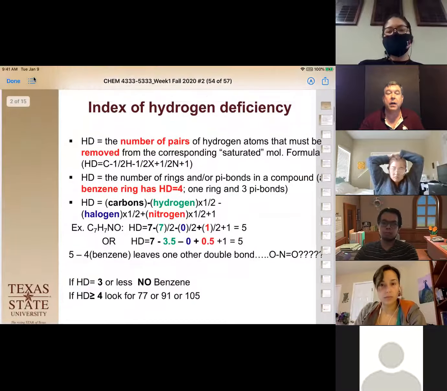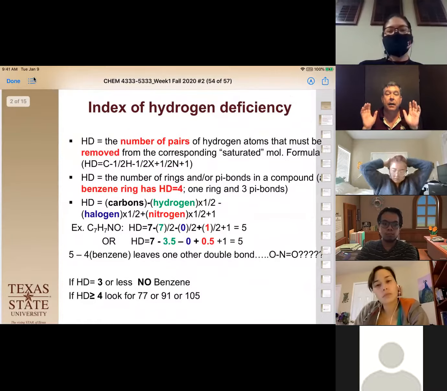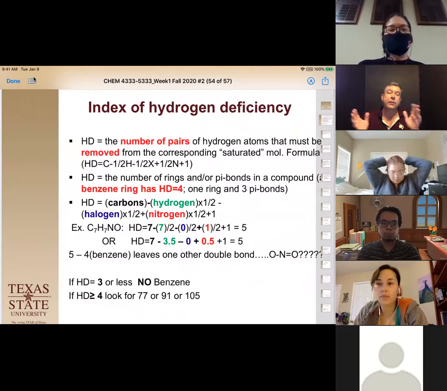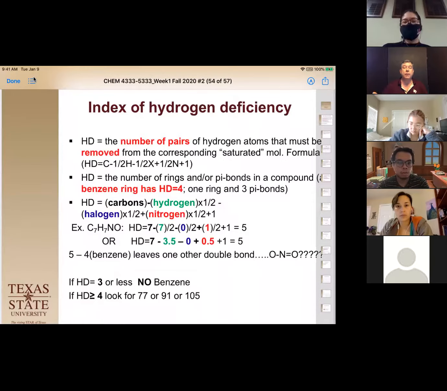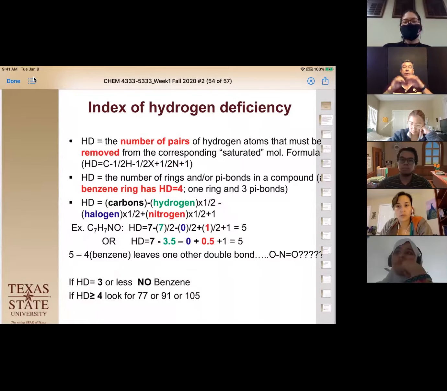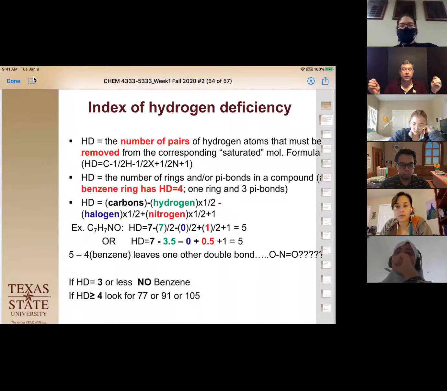The first thing I want to talk about is the index of hydrogen deficiency, or the hydrogen deficiency index. I'll use both. Basically this is a calculation to help you figure out whether you have rings or double bonds. If you had a fully saturated hydrocarbon, a straight chain C10, you're going to have 2 hydrogens on every single carbon along that chain plus the 2 at the end.